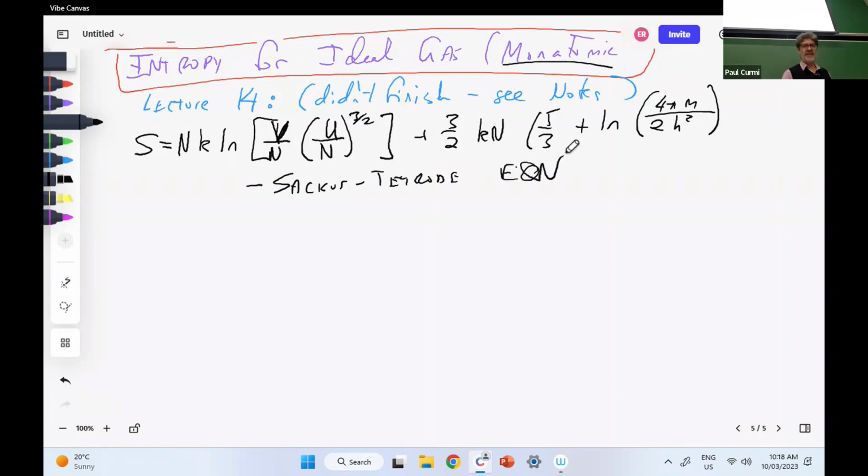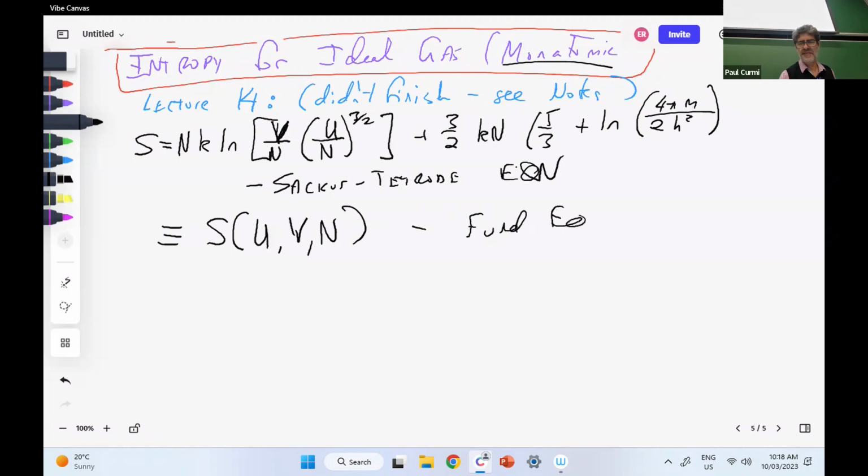So this is my fundamental equation. This is S as a function of U, V, and N. I have it because I can derive it from statistical mechanics.